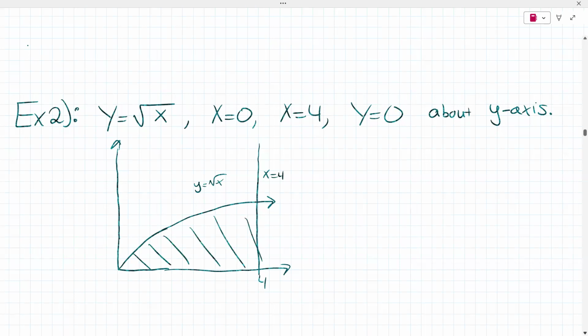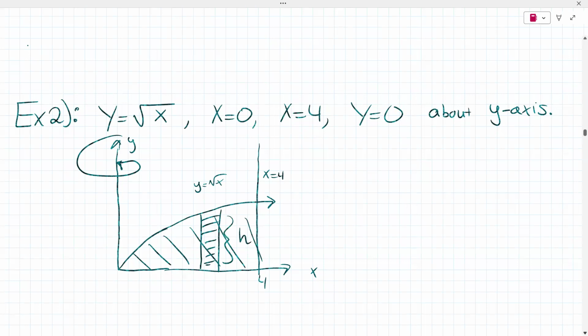Since we're revolving around the y-axis, here's the y-axis, here's the x. That means everything has to be in terms of x. So our slice has to be perpendicular to whatever axis we have. So here's the y-axis, our slice is perpendicular to that, so it's going to be this way. Our slice will be vertical. Okay, so we've got to find this height.